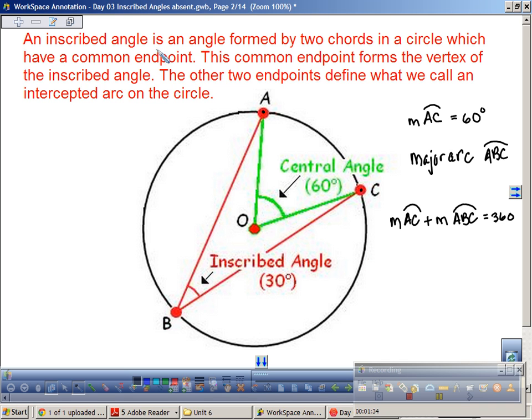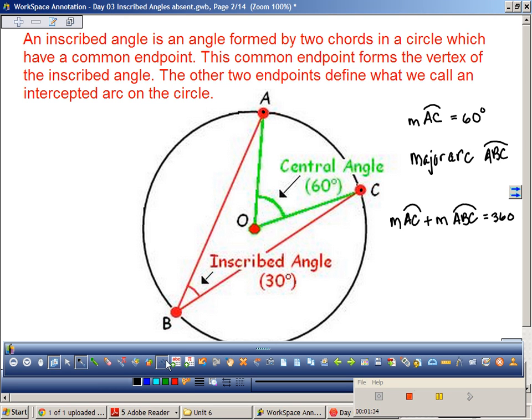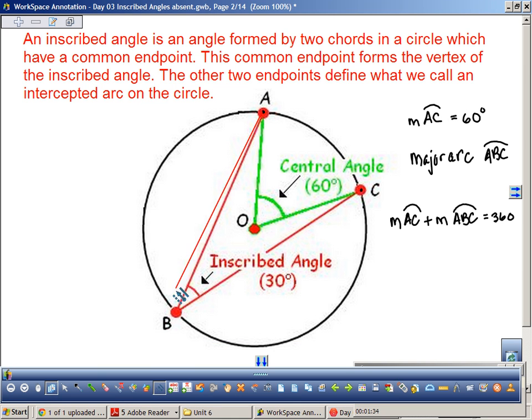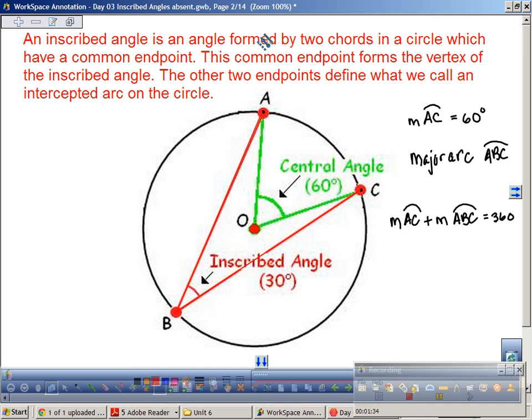Okay, so an inscribed angle is defined as an angle formed by two chords. So here's a chord. I'll change my color here. Here's a chord, and here's a chord. So an inscribed angle is an angle formed by two chords in a circle which have a common endpoint. See how their common endpoint is at B?